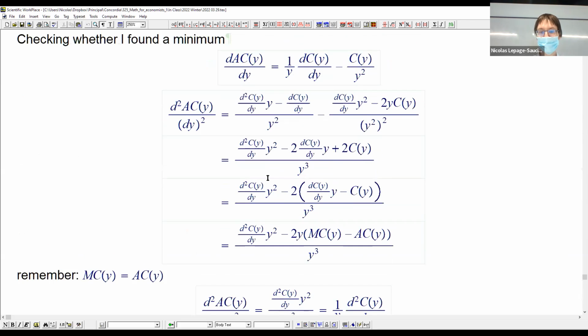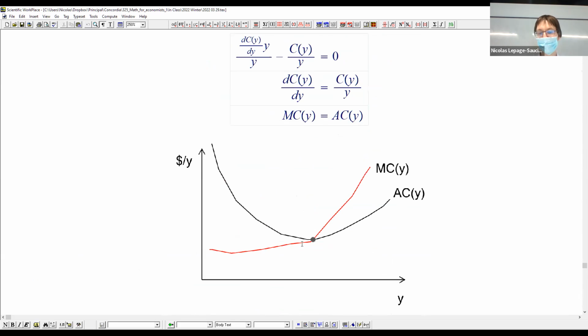And this makes sense because if the marginal cost crossed the average cost, not from below, but from above, then what would that mean? Well, it would mean that the average cost was increasing, and then it's crossed, and then it starts to decrease. So the average cost would indeed have been maximized at this point.